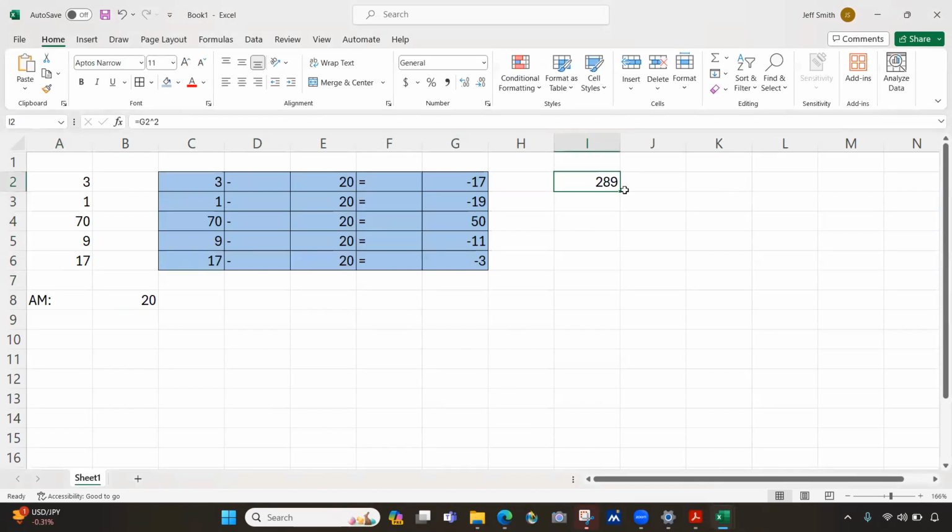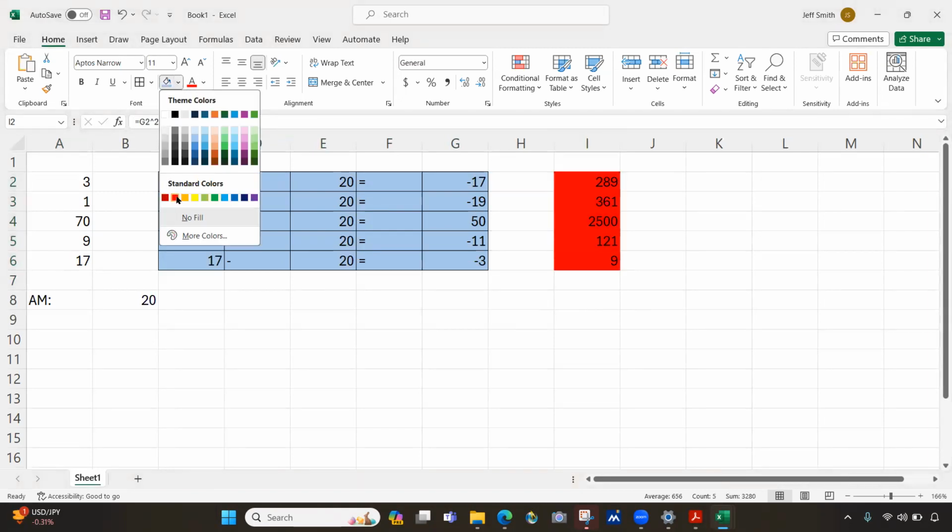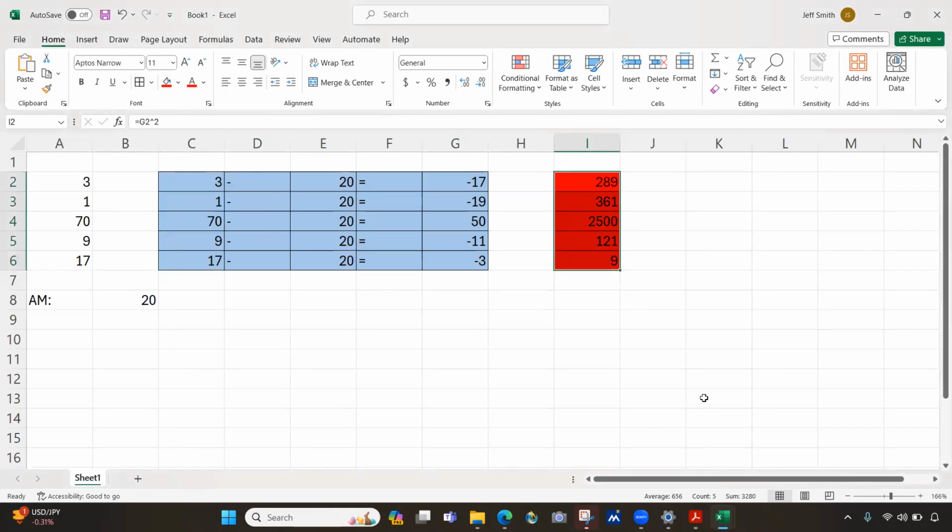In the red column, I am squaring all these numbers. Now, I have to add them, okay? I'm going to find the sum of all these numbers: 289, 361, 2,500, 121, and 9.